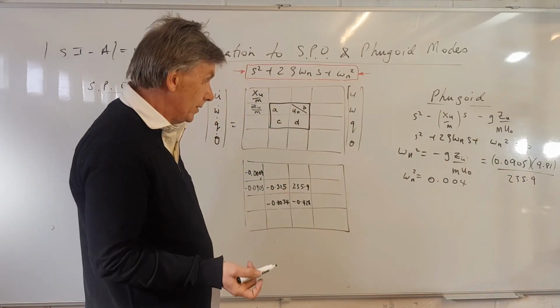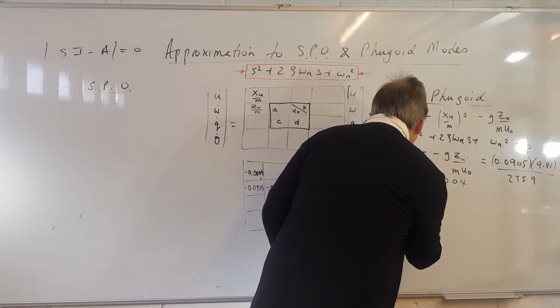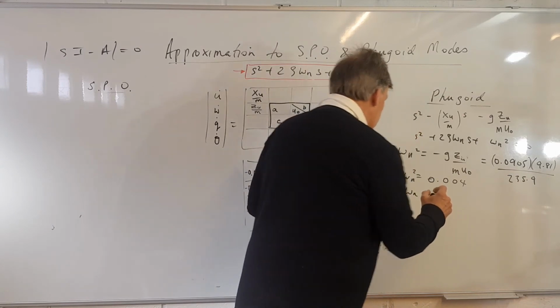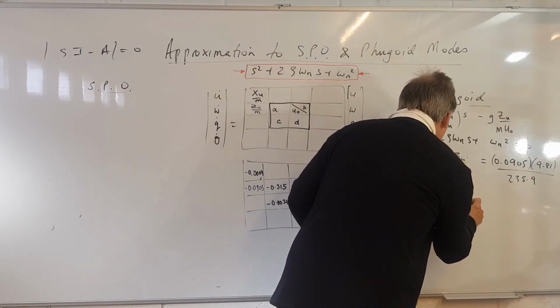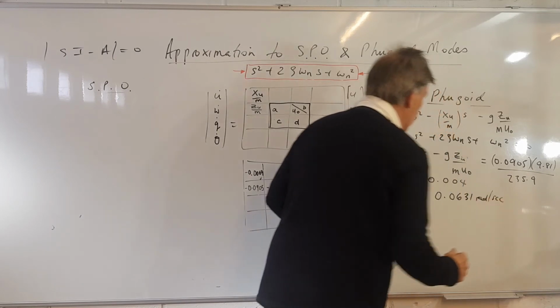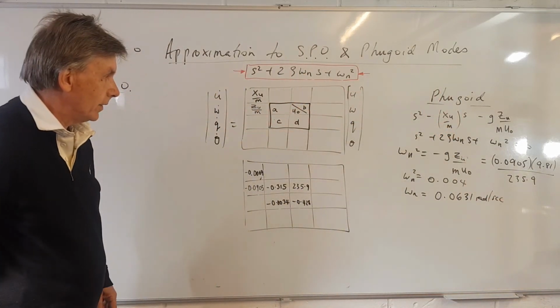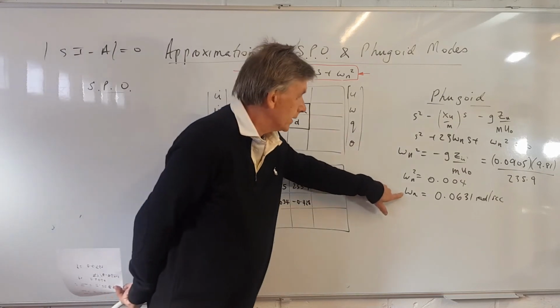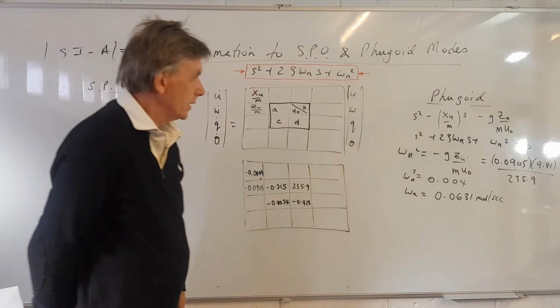Now if we take the square root of that, we get that omega n comes out as 0.0631 radians per second. So that's how we've quite simply got to the natural frequency of the phugoid.